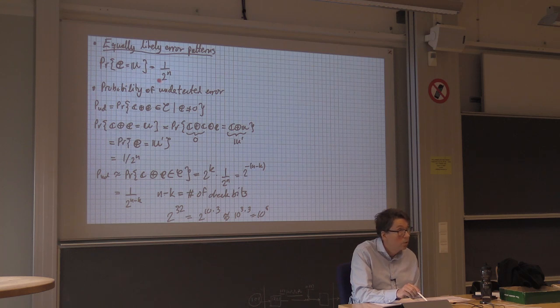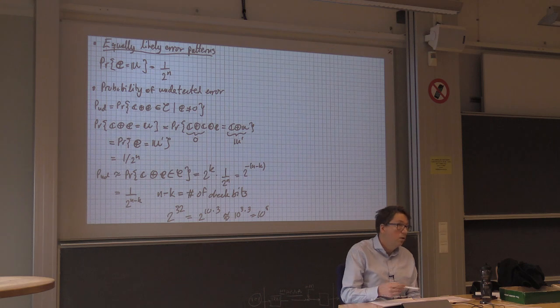Because hardware failures happen. For this particular model, due to its simplicity, all error patterns are equally likely, 1 over 2 to the power of n, then we can actually compute the probability of undetected errors, and it turns out to be 1 over 2 to the power of n minus k, where n is the number of bits in the code word and k is the number of information bits. So n minus k is the number of check bits or parity bits.